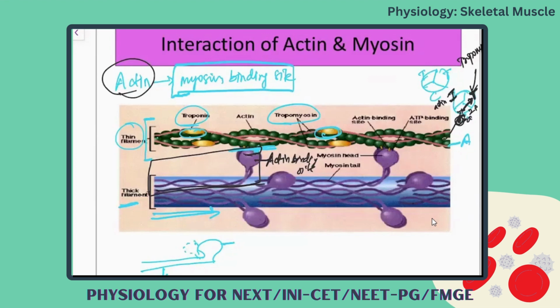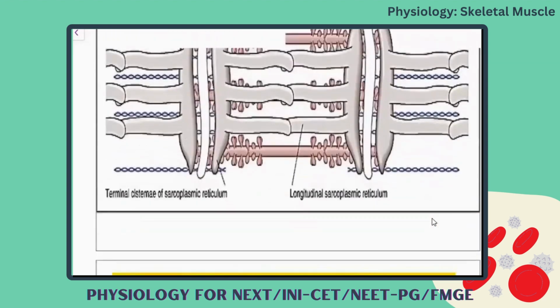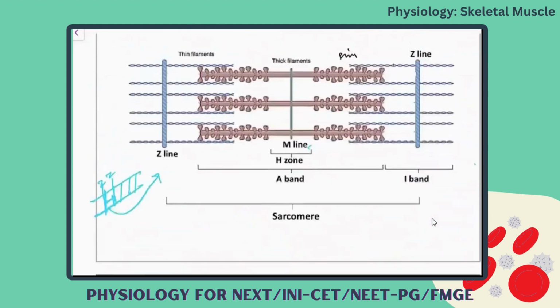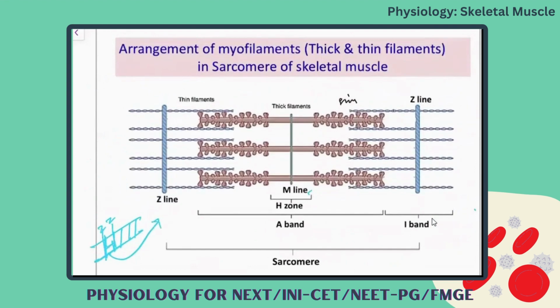See this picture now, on both sides you have the Z line, and both sides the myosin is going and binding, attaching, making them come closer.